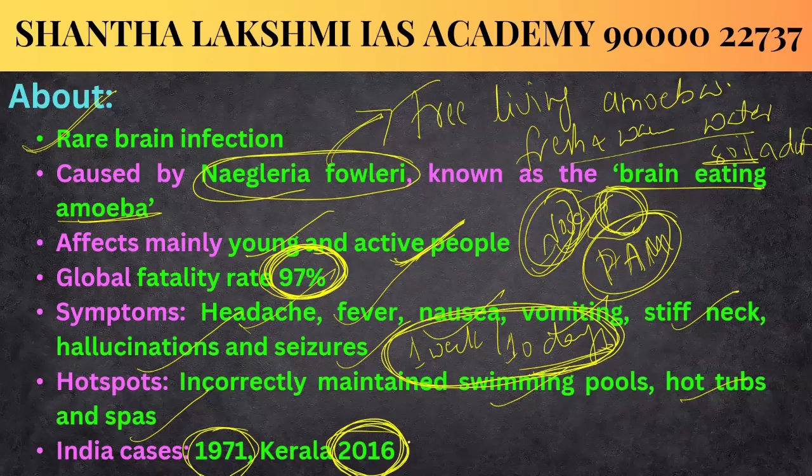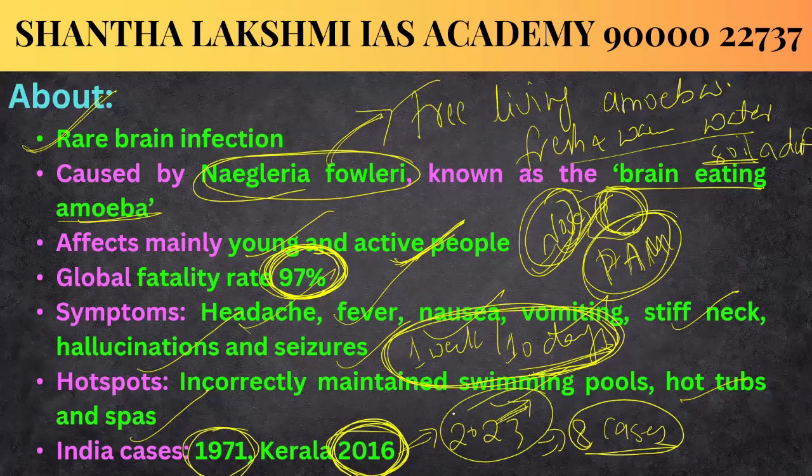From 2016 to 2023, there were 8 cases reported in Kerala, and after 2023, these cases are increasing. So this is about PAM, primary amoebic meningoencephalitis, which is caused by the Naegleria fowleri, a free living amoeba.